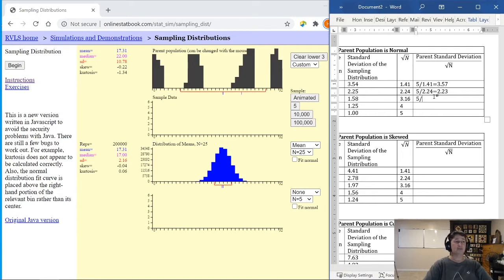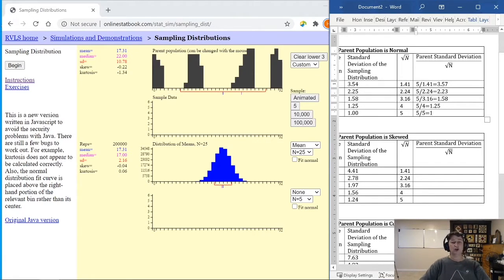The standard deviation of the parent divided by the square root of 10, which is 3.16, gives 1.58. 5 divided by the square root of 16, which is 4, is 1.25. And 5 divided by the square root of 25, which is 5, equals 1.